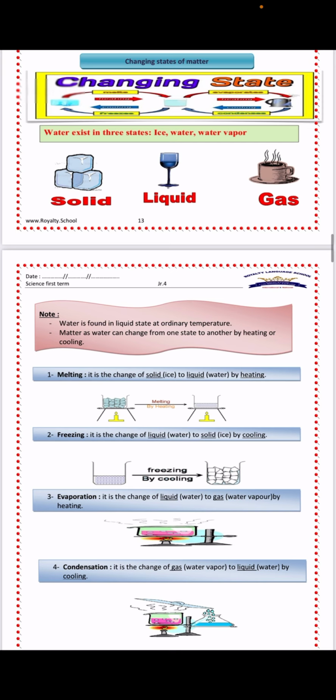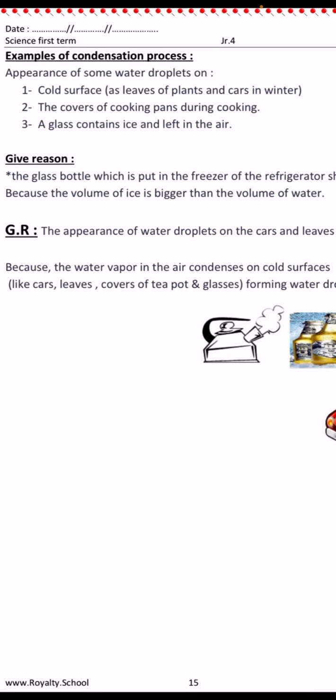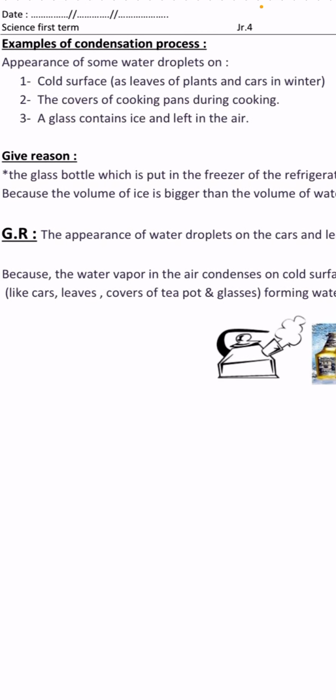So from the gaseous state to the liquid state means from water vapor to water. How does water vapor become water? By cooling. We can see the appearance of some water droplets on cold surfaces, such as the leaves of plants and the covers in winter.